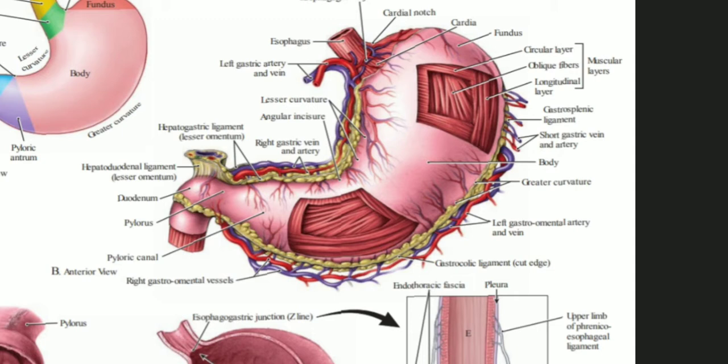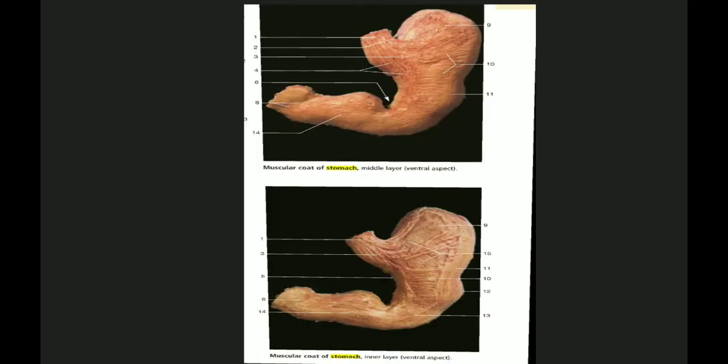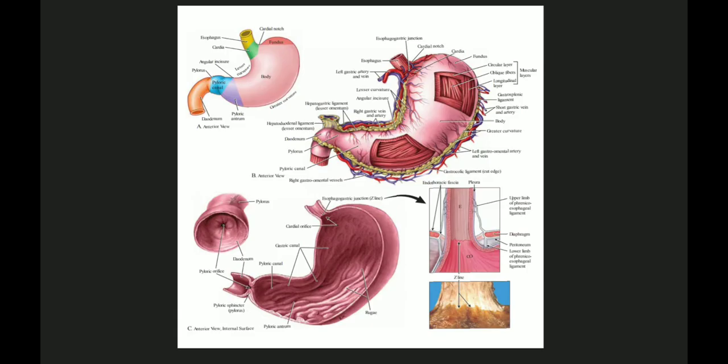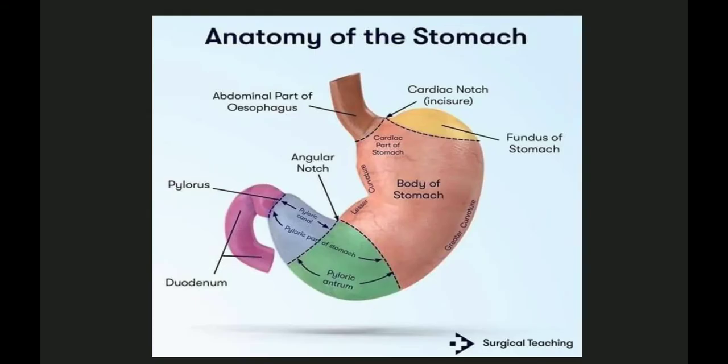Now two surfaces: anterosuperior and posteroinferior. The anterosuperior surface is related to the diaphragm, liver, and anterior abdominal wall.